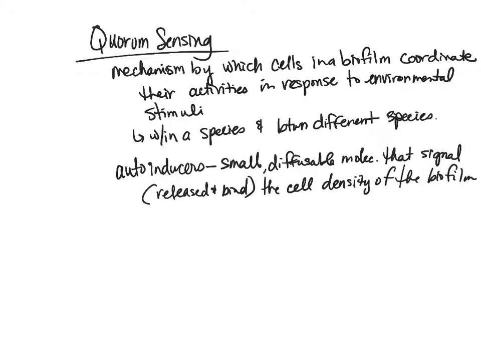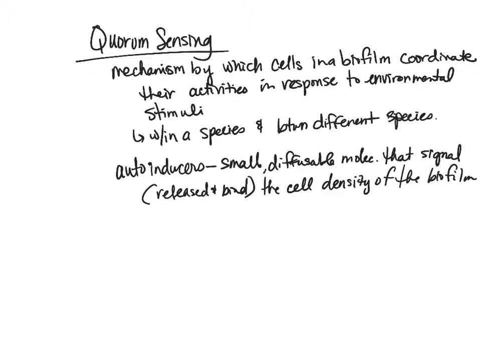So these autoinducers, again, small molecules, they can send these small molecules out, and the more of these small molecules that bind, the more they know how many of them there are. So the more molecules there are, the more of them there are. And so then they can keep sending these signals out, and it kind of gives them an idea of the cell density.